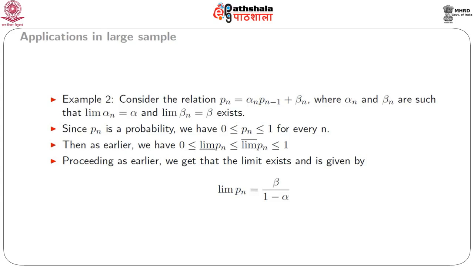Then, as earlier, we have 0 less than or equal to limit inferior of Pn less than or equal to limit superior of Pn less than or equal to 1. Now, proceeding as earlier and using the fact that limits of alpha n and beta n are finite, we get that the limit for Pn exists in this case also and is given by the same beta by 1 minus alpha as before.